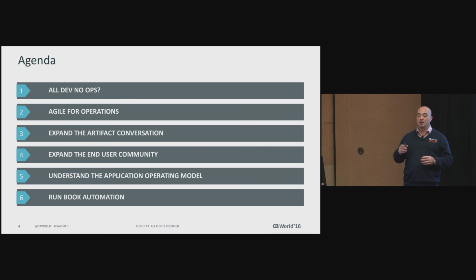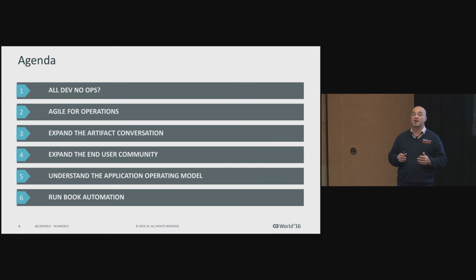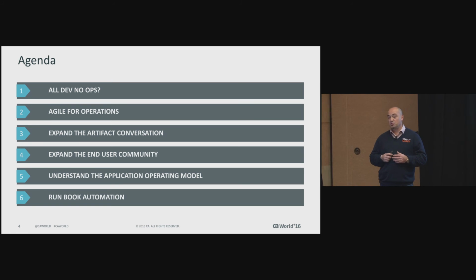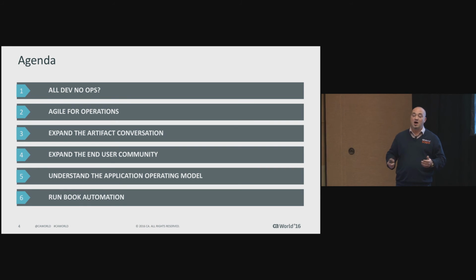We'll see how we can apply that practically with some of the tools we have today, specifically CA's Release Automation and Continuous Delivery Edition technology. Then we'll talk about how we can expand the user community involved in continuous delivery to include the folks on the operations side as well.